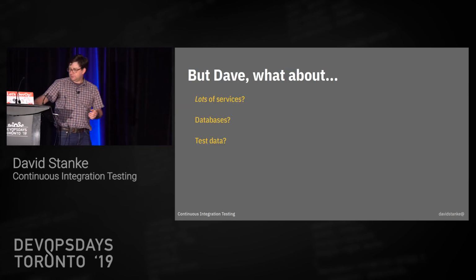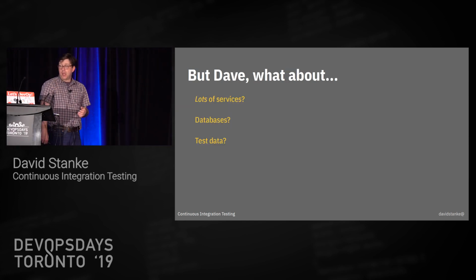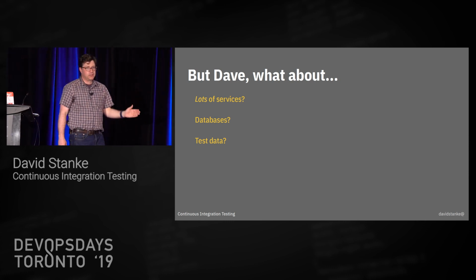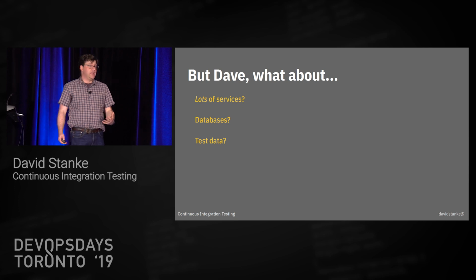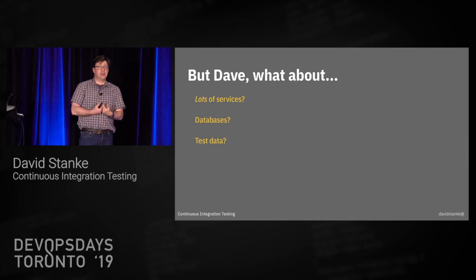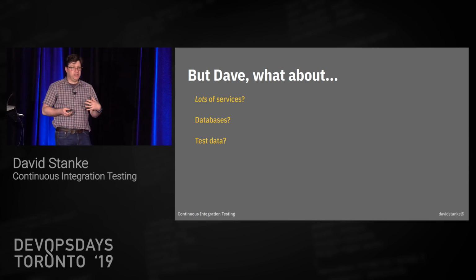But Dave, or Dan, what about lots of services? What if I've got dozens of microservices? Well, that gets hard. And in that case, it comes to how do we make trade-offs? We have to make compromises between launching all of the services up for every single test versus maybe having standing resources, preferably not prod, but standing examples of staging services.